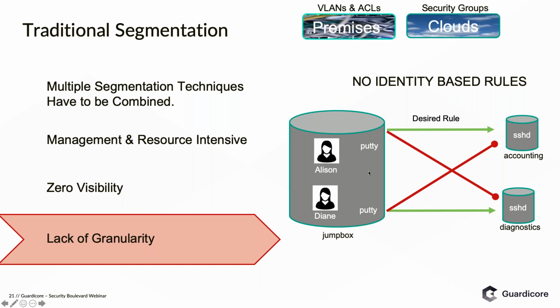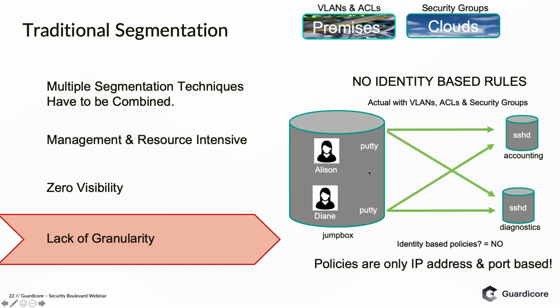The challenge with traditional segmentation being layer 4 is that it's impossible. So there are no identity-based rules. You can't actually say Alice and Diane can only access what they need to access, because rules are only IP address and port based.